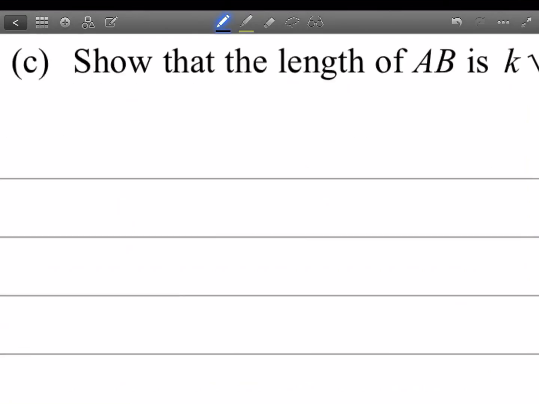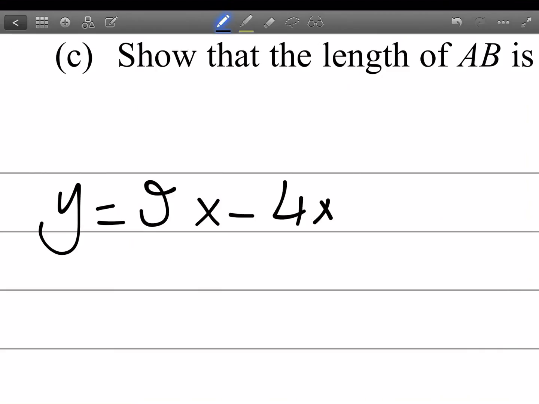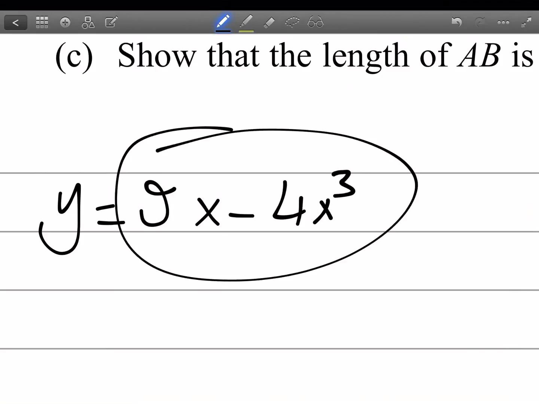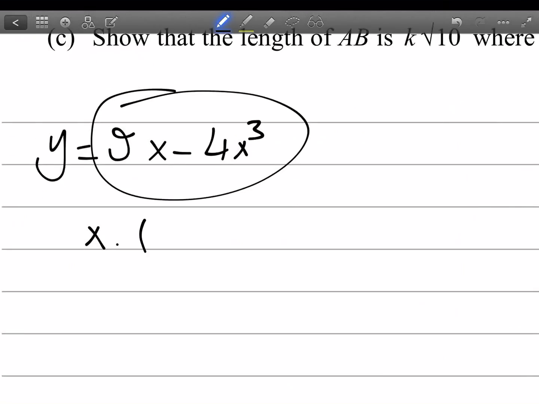It means, what is the solution for this equation, 9x minus 4x cubed, where this function is 0, meaning where the curve meets the x-axis. We had some factorization here: x times (3 minus 2x) times (3 plus 2x).